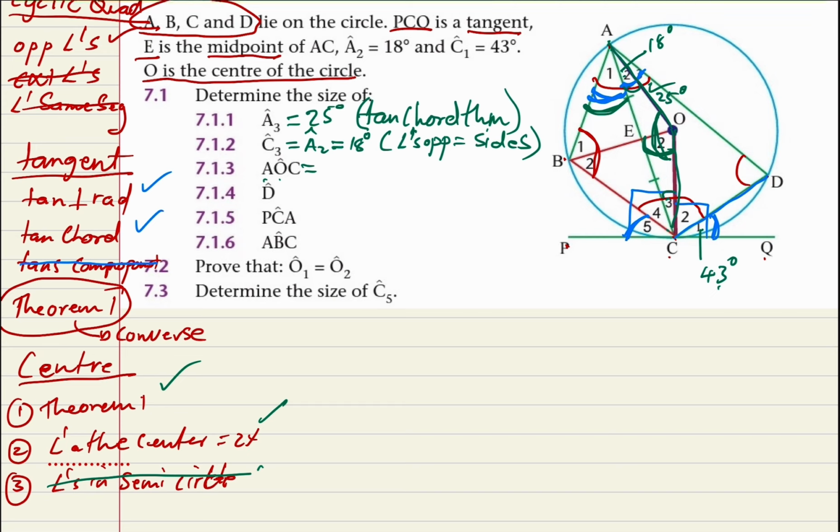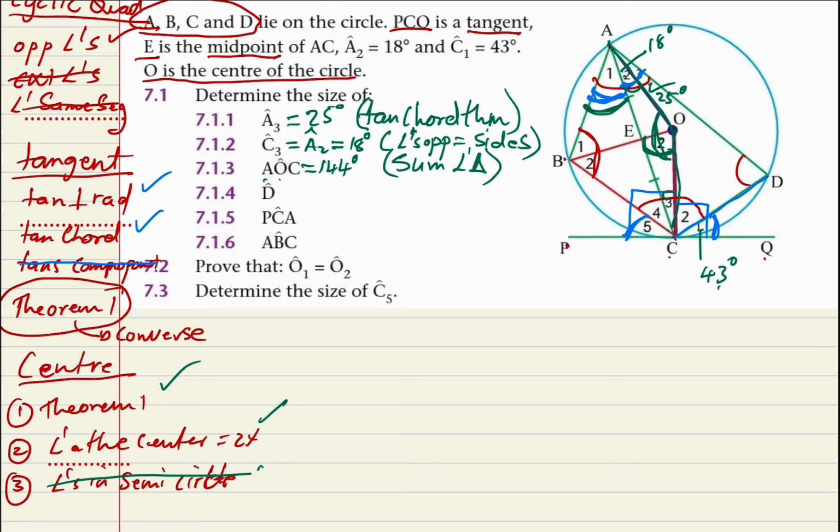So this one will be 144 degrees. Why is it 144 degrees? It's because of the sum of the angles in a triangle. That is how we find it. Okay, now we continue. They are now looking for angle D, the whole of angle D. How can I find the angle D? Angle at the center is twice angle at the circumference.